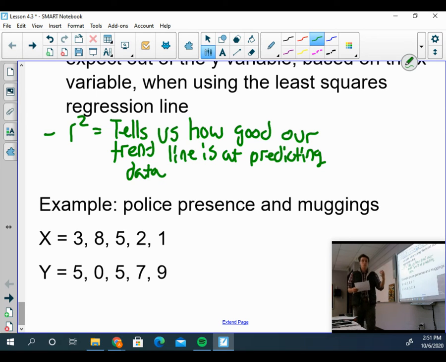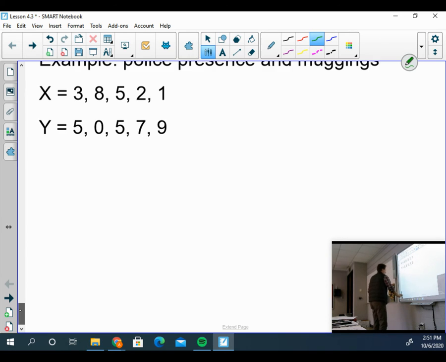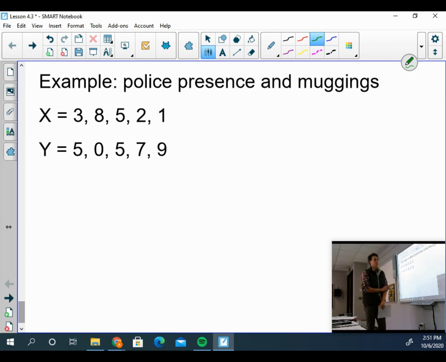Okay, let's jump into an example. If your head is swimming with theory, I'm going to show you what I need you to do to apply this. In your book examples, they're going to ask you to make a scatter plot. So let's say I'm looking at police presence and the amount of muggings.